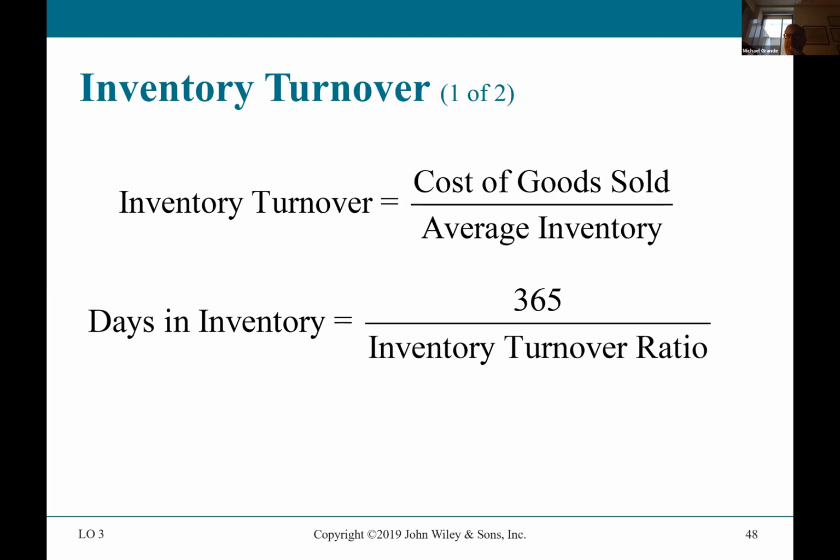Inventory turnover: how many times does inventory turn over in the course of the year? That's the cost of goods sold divided by average inventory, with average inventory being beginning plus ending divided by 2. And then how many days was that item in inventory? You take the number of days in the year, 365, divided by the inventory turnover ratio you just calculated.